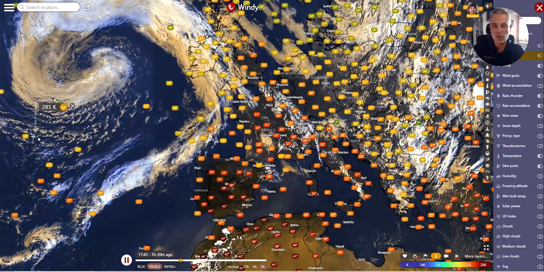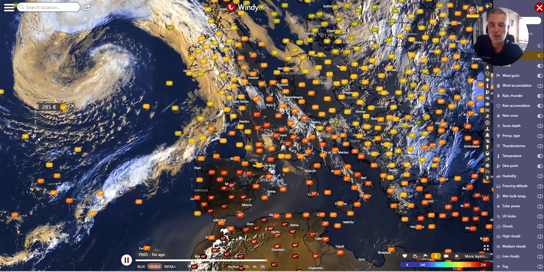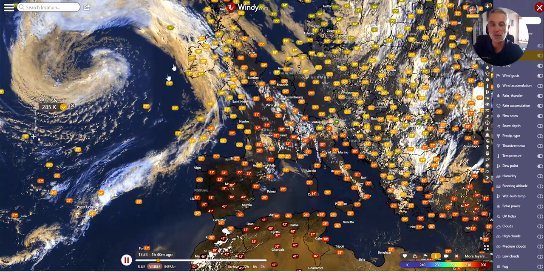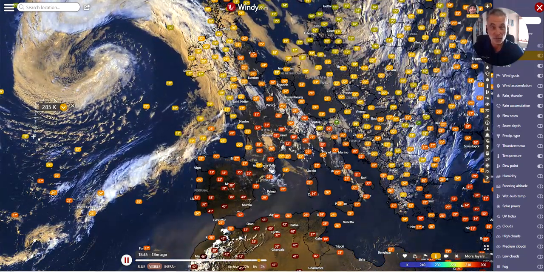So there you go. When you really merge together the temperature data, the cloud data, and also the upper level data, it really helps you visualize how everything is basically all linked together.